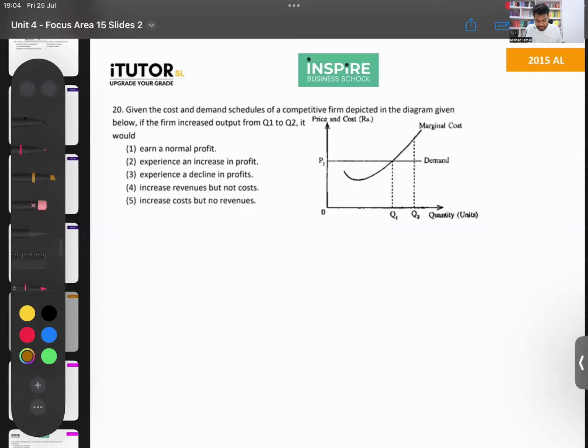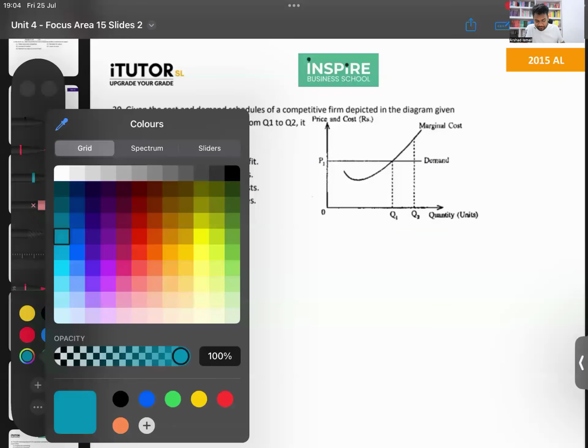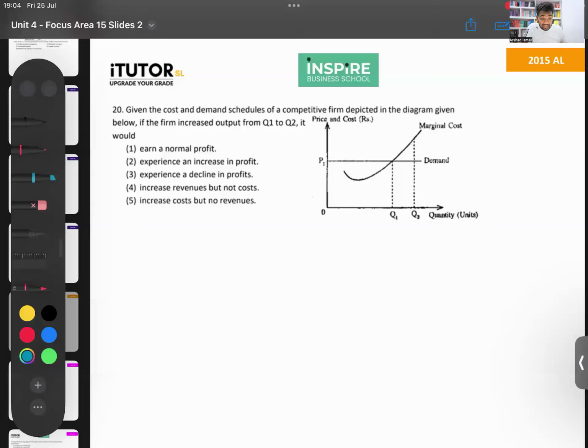Which one? So what is happening over here, guys? Right now, at the level of output of Q1, you're already at the profit maximizing level of output. At Q1, this is where your profits are maximized. So when you go from Q1 to, let's say, Q3, now you're selling a higher quantity.